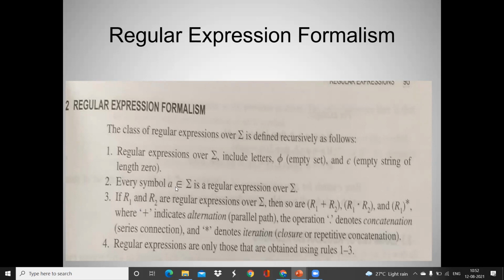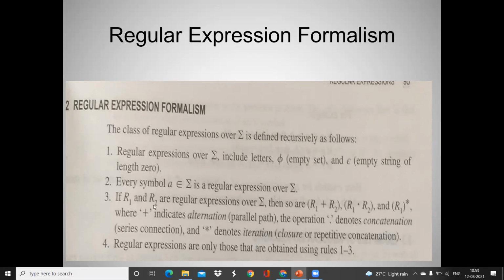And whatever symbol is there in that input alphabet, we can call it a regular expression over the input alphabet. Now, if there are two regular expressions R1 and R2 over the input alphabet, this restriction is always there, that the regular expressions you design will always be over the input alphabet. Over the input alphabet in the sense that we should use the symbols which are there in the input alphabet.